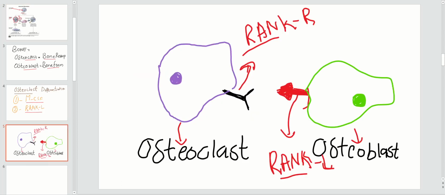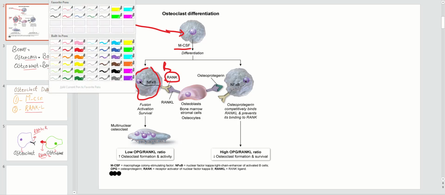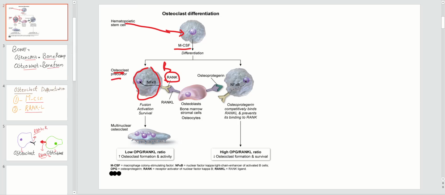So RANK receptor is present on the surface of the osteoclast precursor, right? And RANK ligand is present on the osteoblast and also on the stromal cell. They also produce RANK ligand. So osteoblasts have RANK ligand on the surface and osteoclasts have RANK receptor.